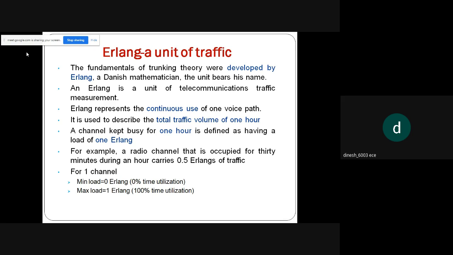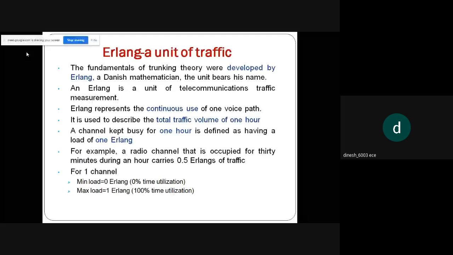And if a single channel is kept continuously on conversation for 1 hour, okay, so 60 minutes the channel is being kept busy or utilized, that resembles it is 1 Erlang. Okay, for 1 hour the channel is being used continuously without any breaks, it is equivalent to 1 Erlang.